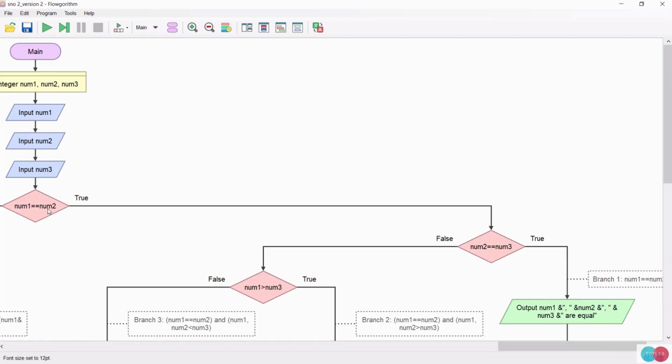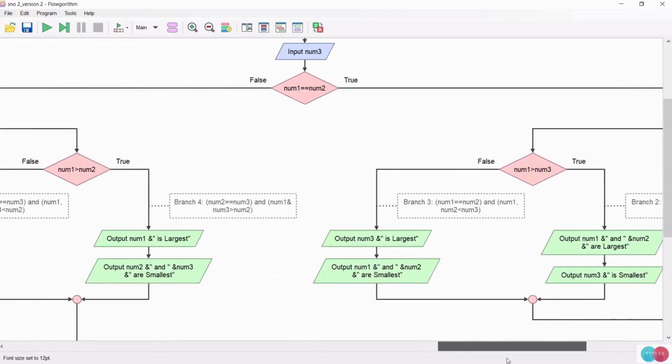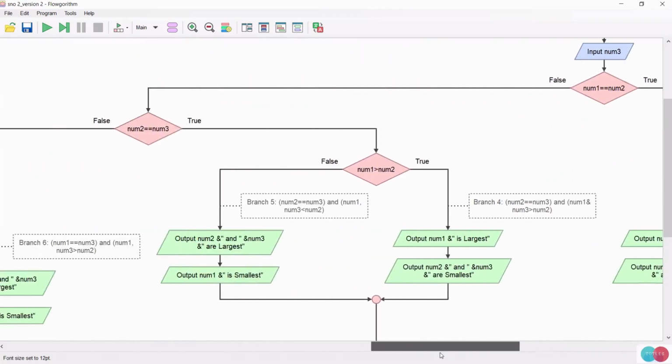If first and second number are equal, but second and third number are not equal, we go to another branch in which we check whether the first number is greater than the third number, then we have this scenario. If first number is not greater than third number, we have this scenario. Likewise, we have explored all the possible 13 scenarios.